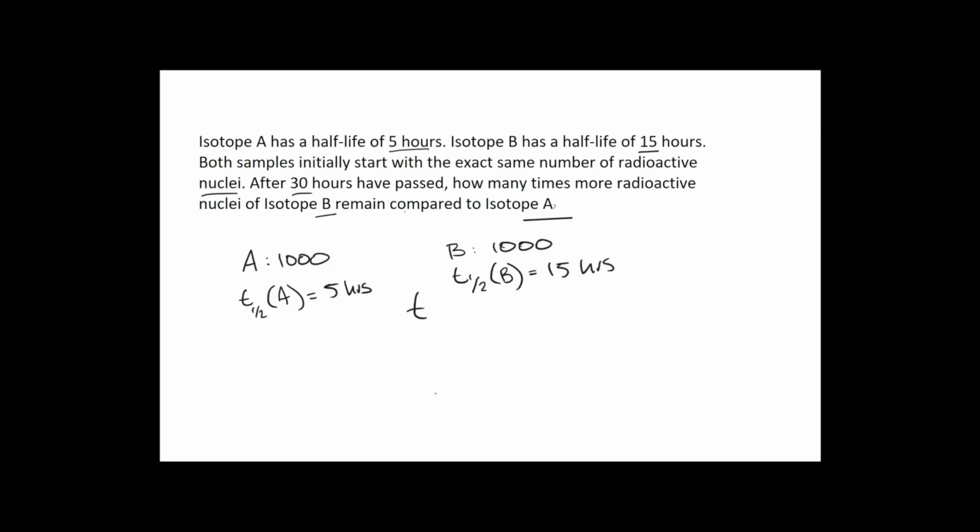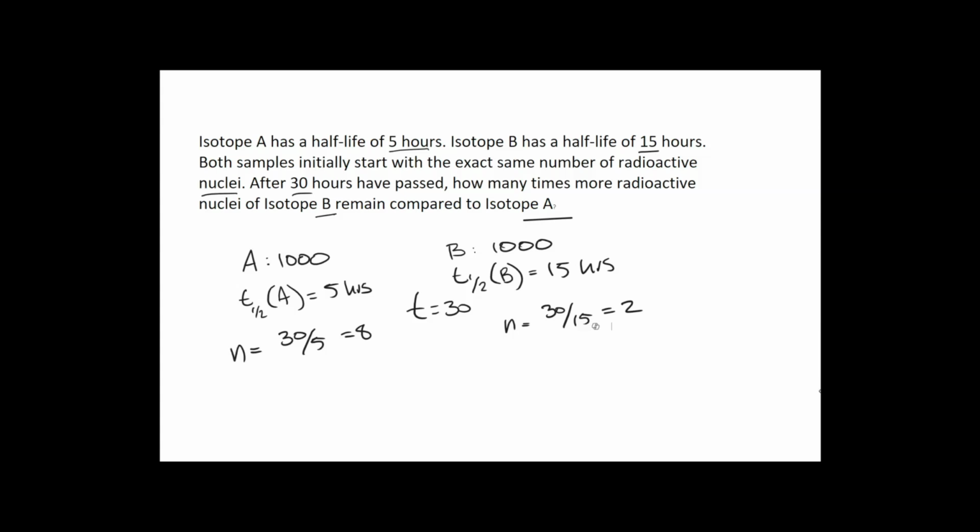And the time for both of them is 30 hours. So for A, the number of half-lives that A is going to undergo is going to be 30 hours divided by 5, which is 6. And B, the number of half-lives it's going to undergo is going to be 30 divided by 15, which is 2. All right.